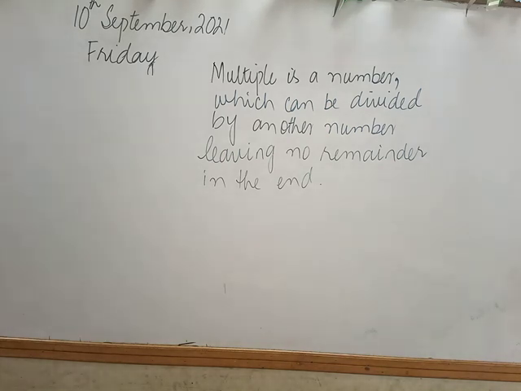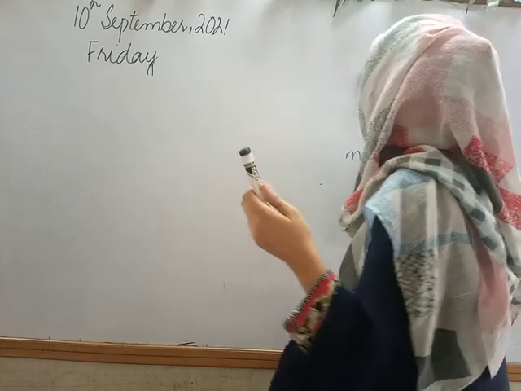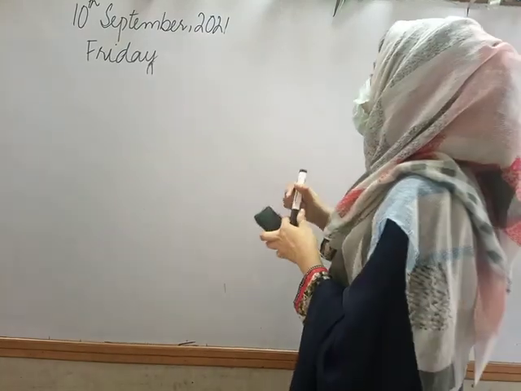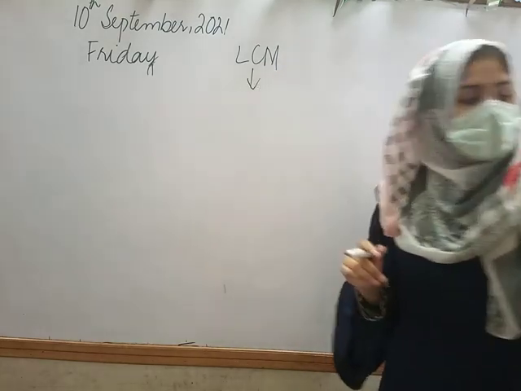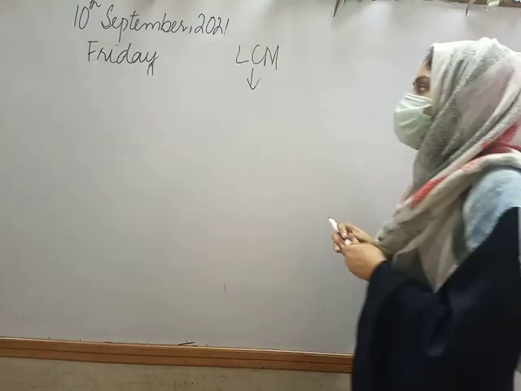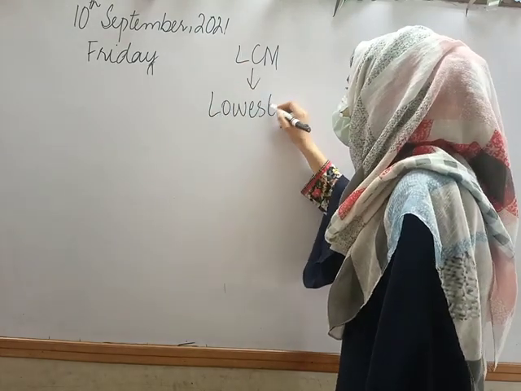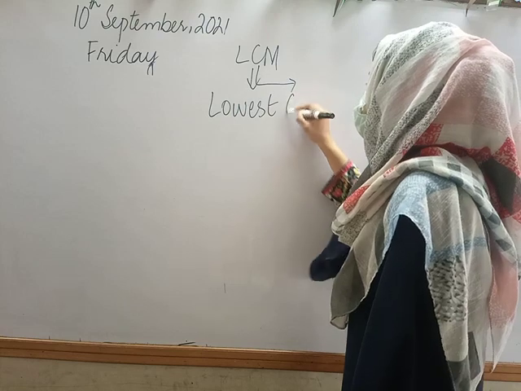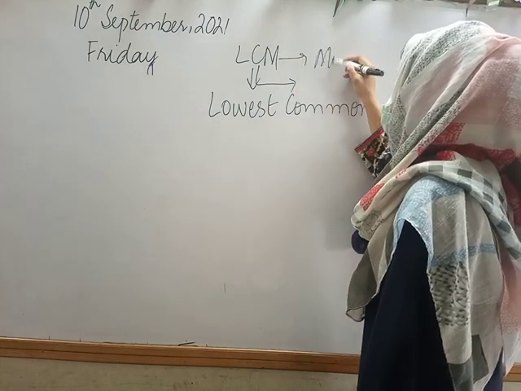Fine? Now, class, today we will learn how to solve LCM by prime factorization. We have discussed first of all what LCM stands for. So L means lowest or least, C for common and M for multiple.